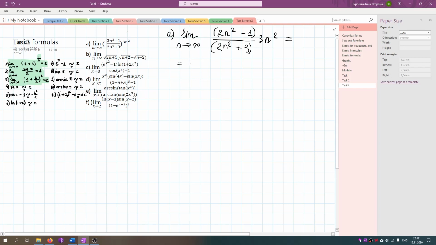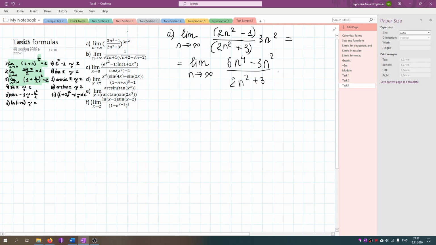Our first step is to simplify all these parts. For this, we just need to open the brackets. We will get 4n to the fourth power minus 3n squared, divided by 2n squared plus 3.